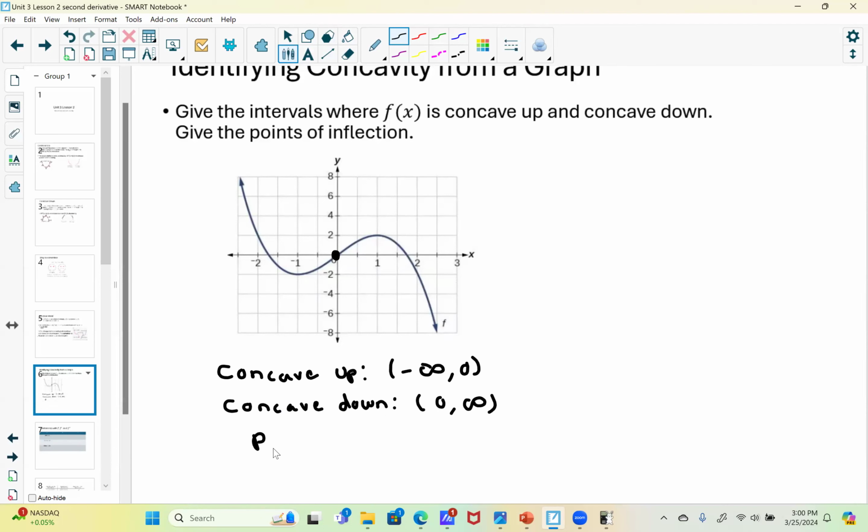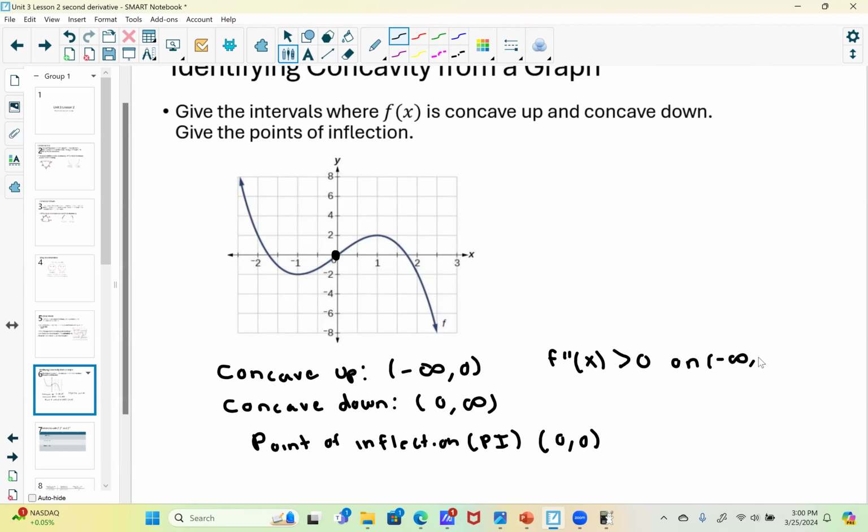And then my point of inflection, which often we just say PI for point of inflection, would be at (0, 0). So if we talk about it in terms of derivatives, we would know that the second derivative is greater than 0 on negative infinity to 0 because my function is concave up.